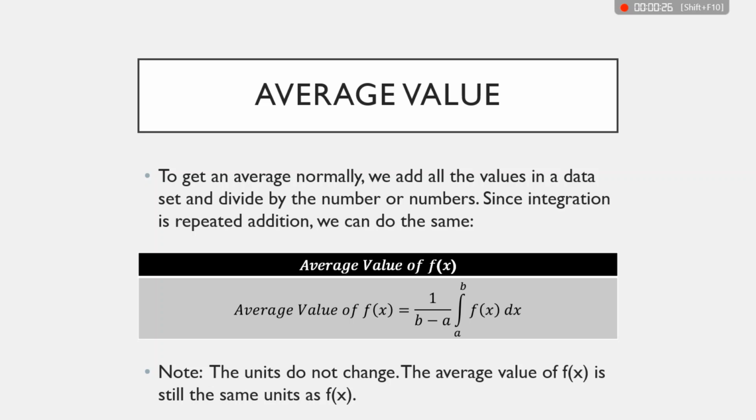So our average value is kind of the same thing that we normally do when we get an average of a data set of numbers, only we'll be doing it with a function instead. So if I had a set of numbers like 5, 7, 9, 11, 13, 15, if I wanted to get my average of these numbers, what would I have to do?